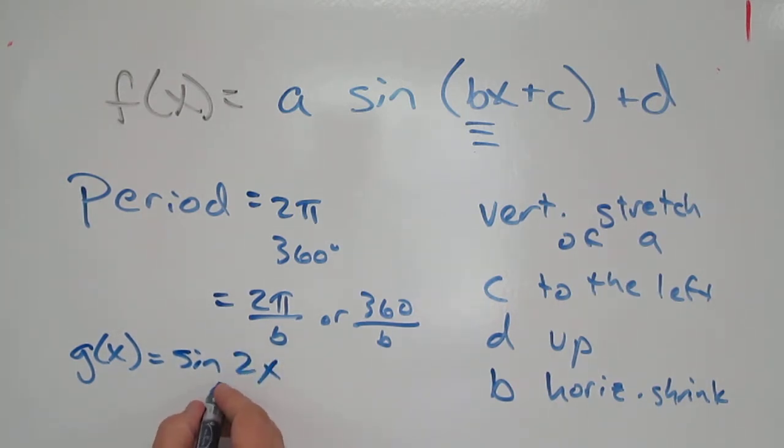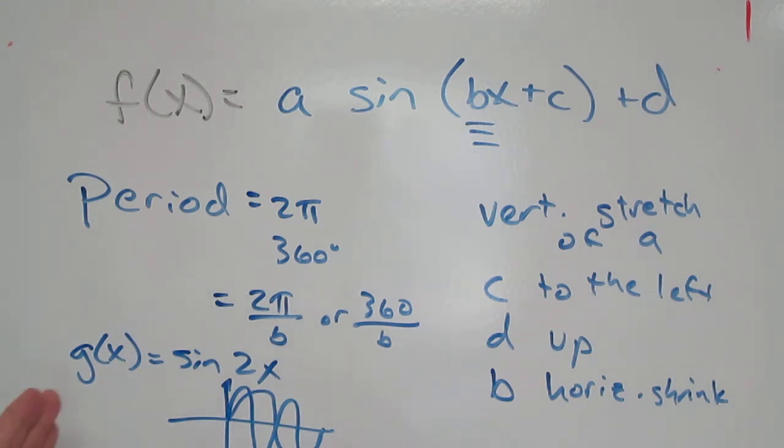what that's going to do is, instead of me taking 360 degrees to go through one full period, this would cause a horizontal shrink, and it would shrink everything in half, or I could actually get a full period in 180 degrees. So that's the idea of period.